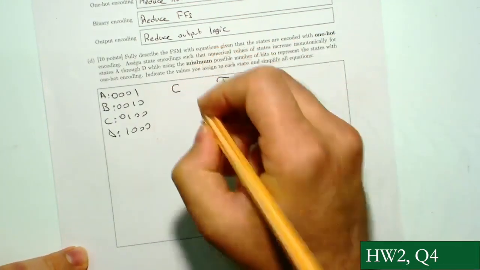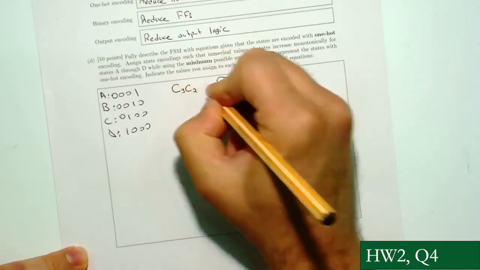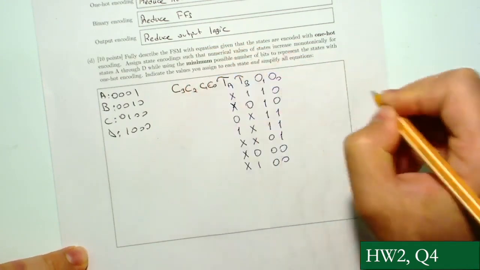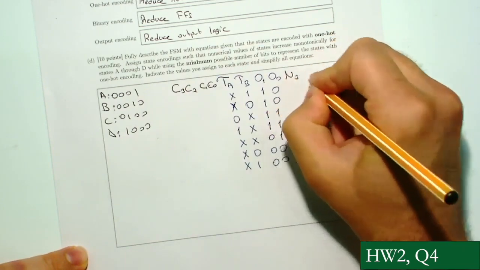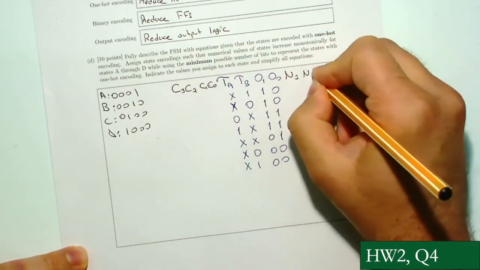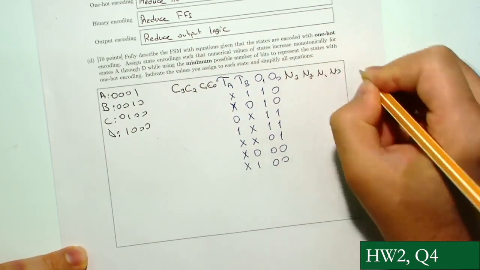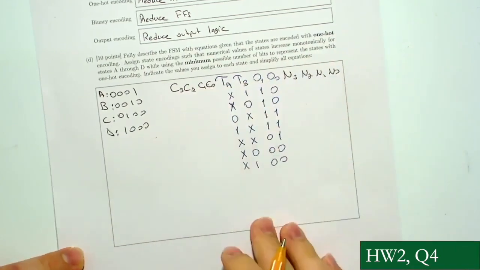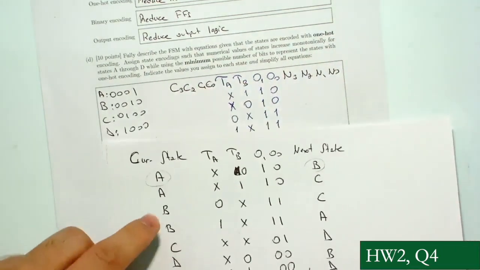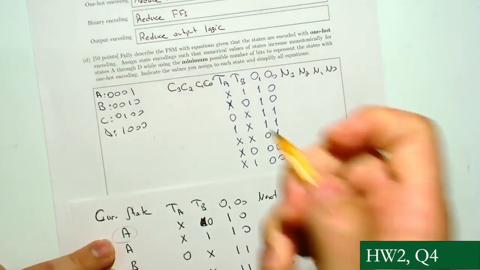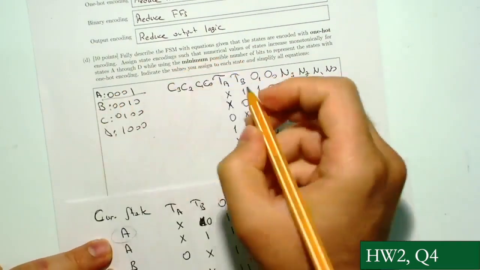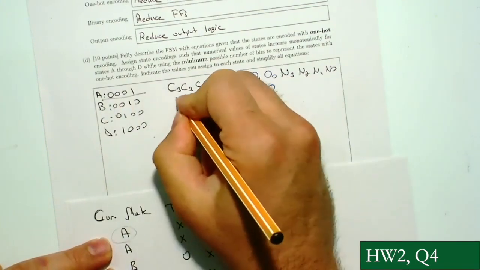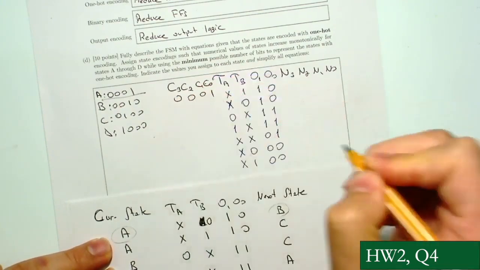So I'm going to represent the current state as C3, C2, C1, C0, and the next states as N3, N2, N1, and N0. If you remember, those two rows are AA. So I'm going to write the way that I represent A here, which is this.